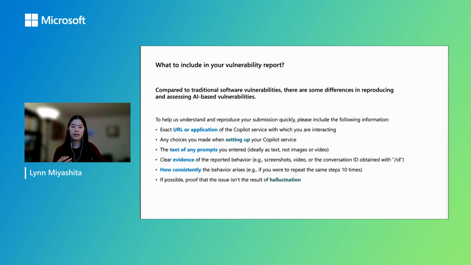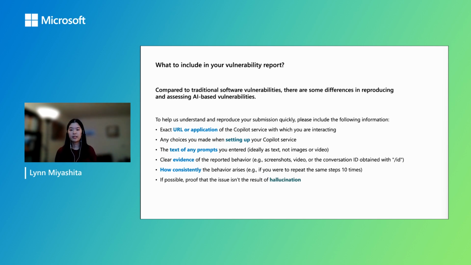And so, like we've mentioned a few times throughout our talk today, there are standard processes for traditional software vulnerabilities, but we have a few differences when reproducing and assessing AI-based vulnerabilities, and a few tidbits of advice to include in your report to help the team reproduce and assess the vulnerability you're submitting even quicker.